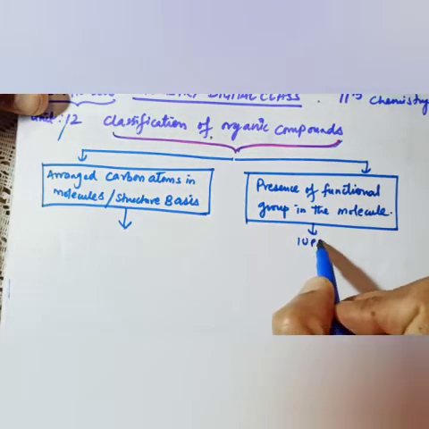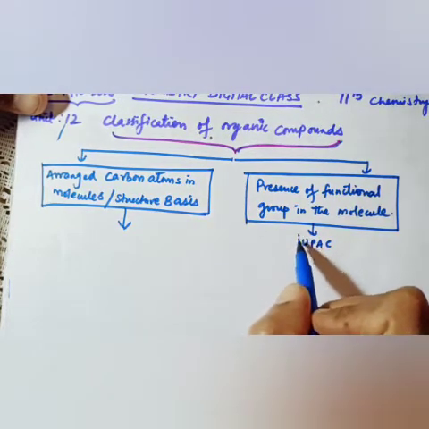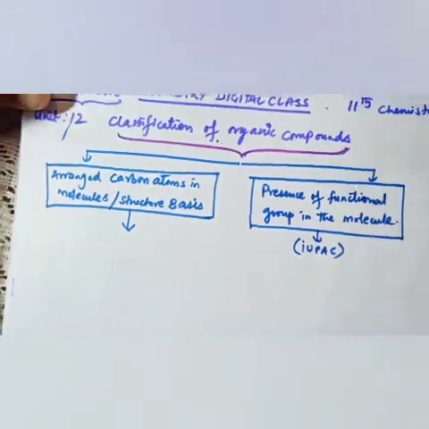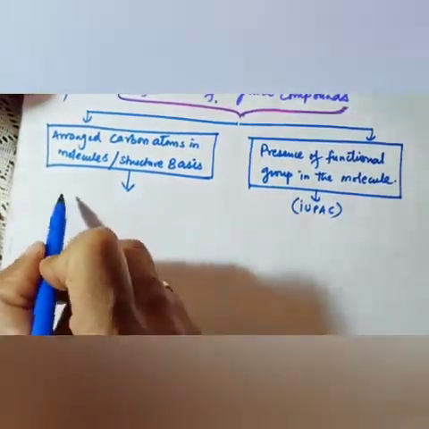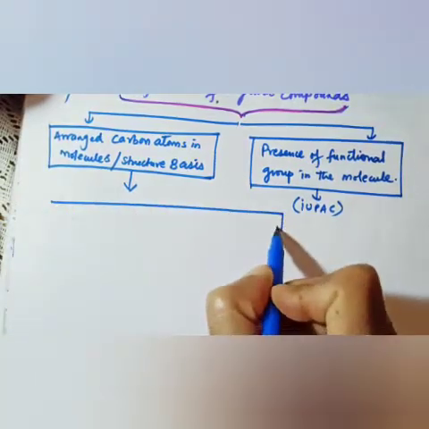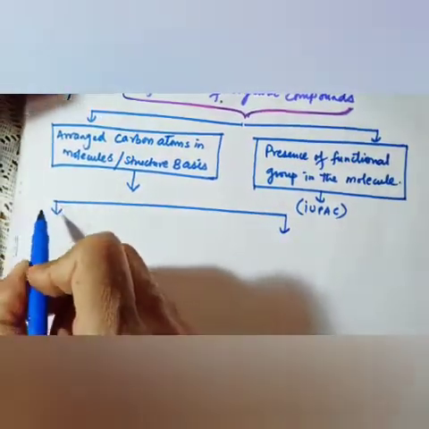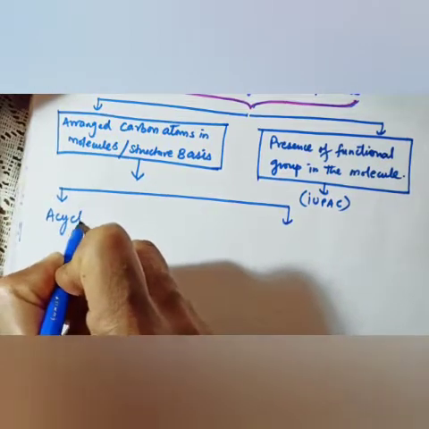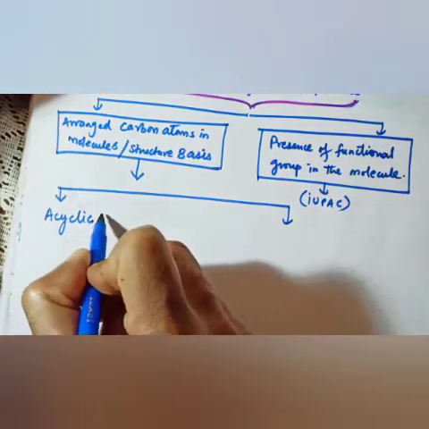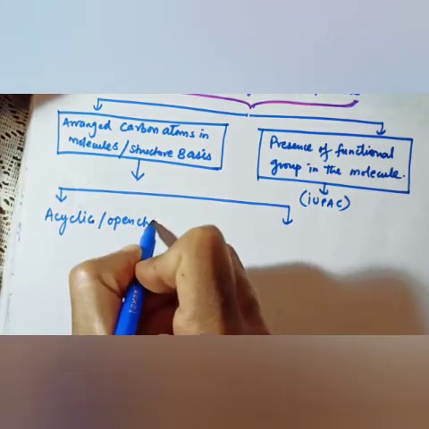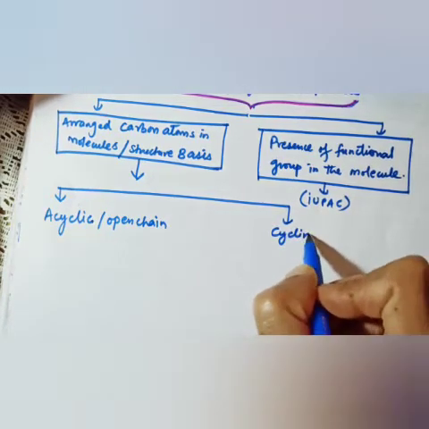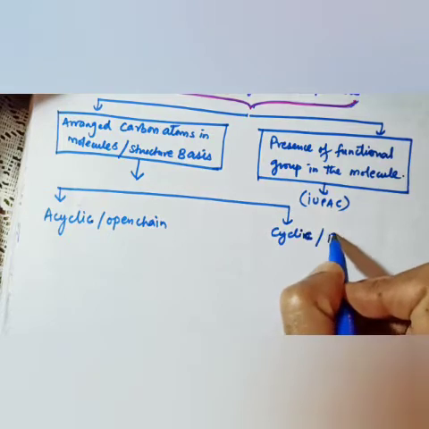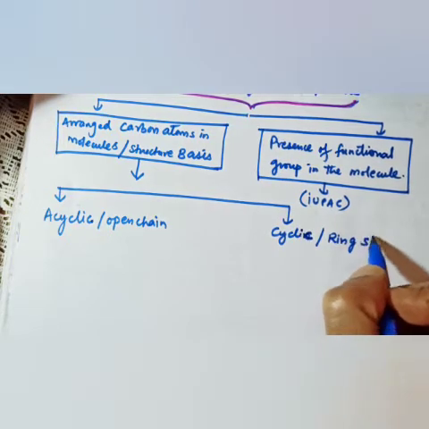Here we will talk about IUPAC nomenclature later, but now we will classify organic compounds on the basis of structure. On the basis of structure, organic compounds are of two types. First is acyclic, or open chain, also known as aliphatic. Second is cyclic, or ring structure.